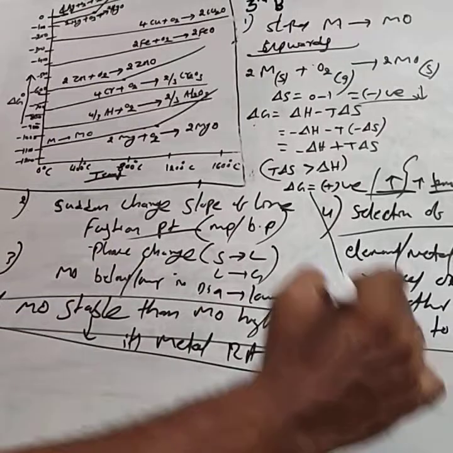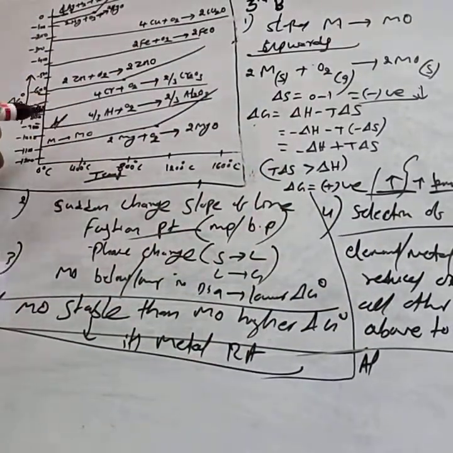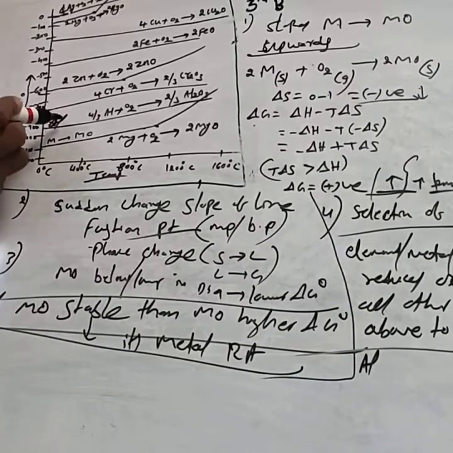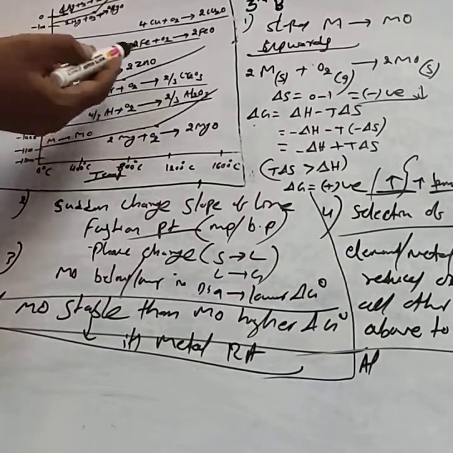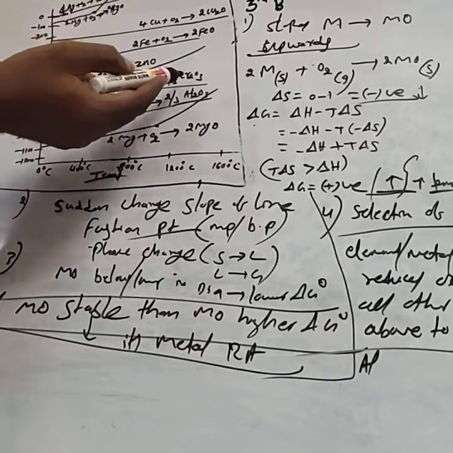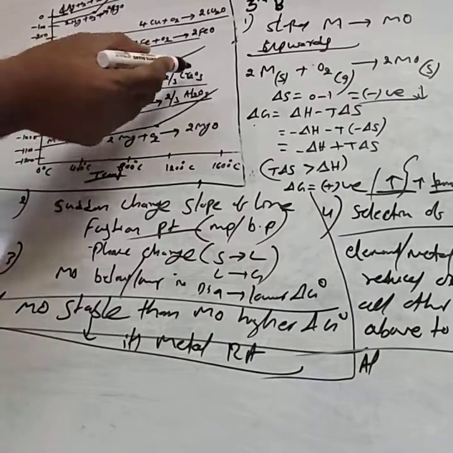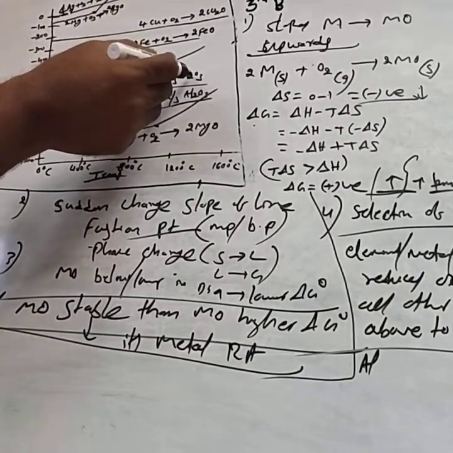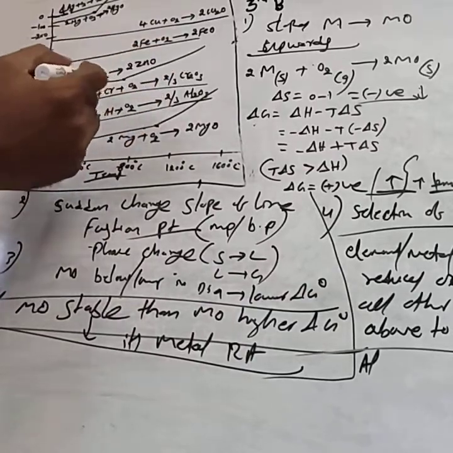For example, consider aluminium. Here aluminium is present. This aluminium metal reduces Cr2O3 into Cr, ZnO into Zn. It reduces Cr2O3 into Cr because aluminium lies below Cr2O3.